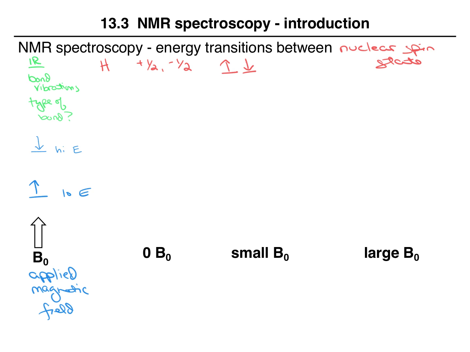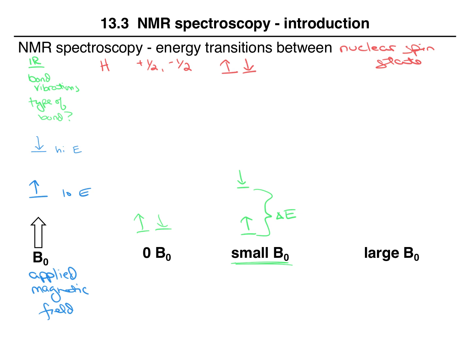Once again, if we have no magnetic field, then our two spin states, our up and our down, are the exact same energy. If we have a small applied magnetic field, then maybe this is our low energy and this is our high energy. And so this is what we're looking at in terms of our difference in energy between the different spin states.